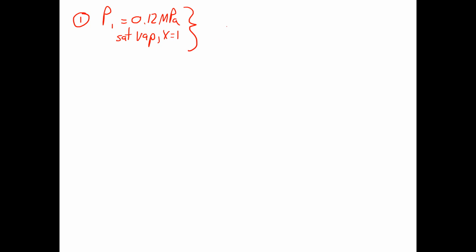Make sure if you're using the thermodynamic tables that you go to refrigerant R134A, and if you're using EES, that you select the working fluid as R134A. You select R134A for a pressure of 0.12 megapascals, and it's a saturated vapor.